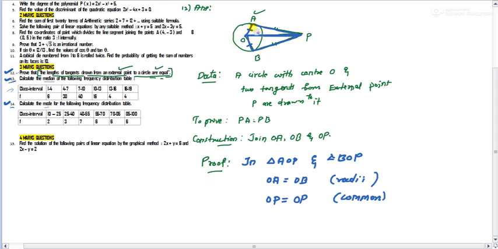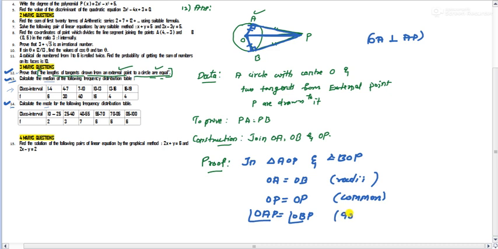Now, since OA is perpendicular to AP, see there is a rule, that is a theorem: the angle between radius and tangent at the point of contact is 90 degrees. These two are always perpendicular. Even that is a theorem. So using that theorem, we can write here that angle OAP is equal to angle OBP.